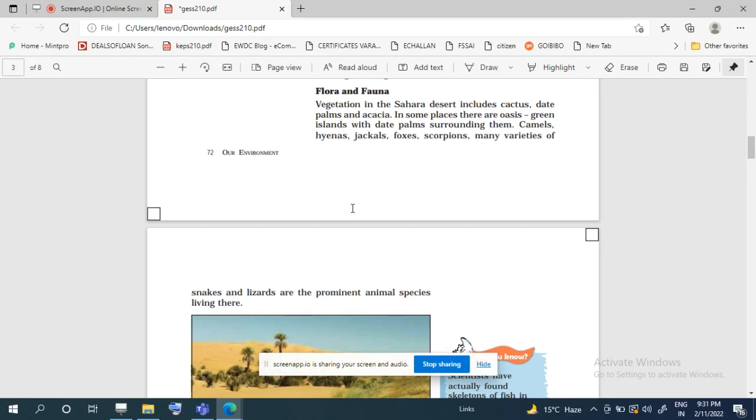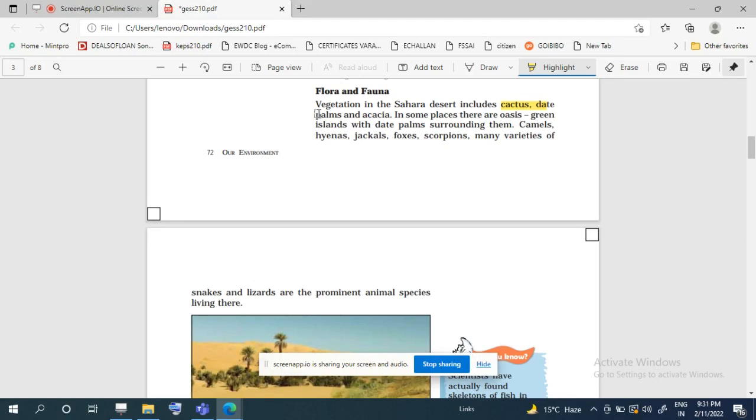And now we see flora and fauna. What is the flora and fauna in Sahara Desert? Vegetation in Sahara Desert includes cactus, date palm, and acacia. These are the plants which we find in all the deserts. And in some places there are oases.